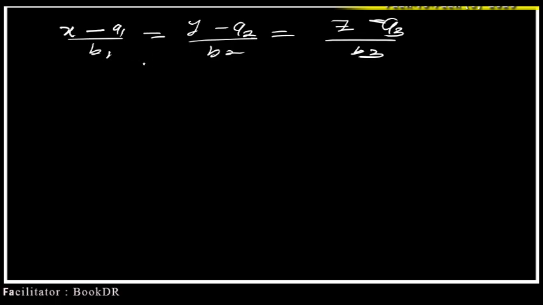This becomes the Cartesian form of the vector equation of a given line.